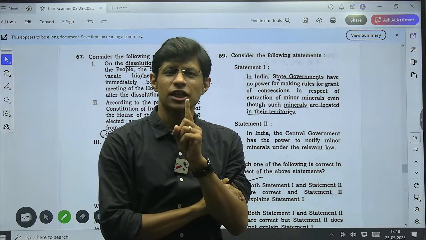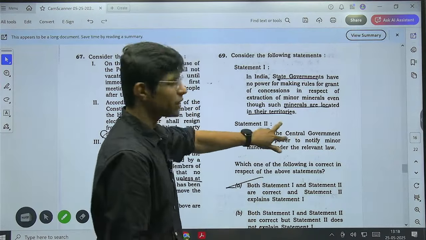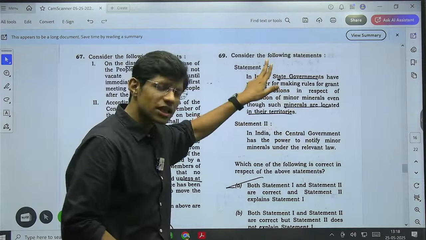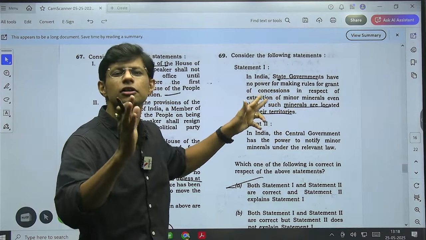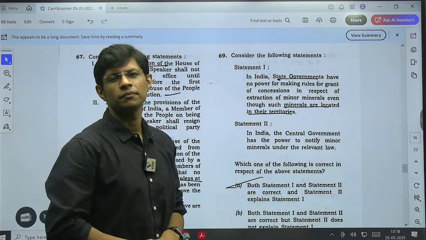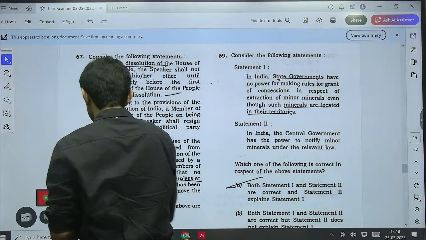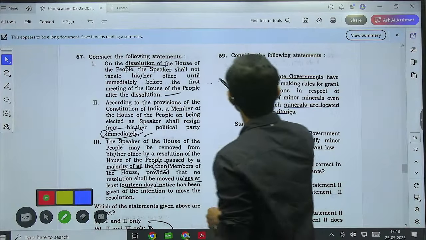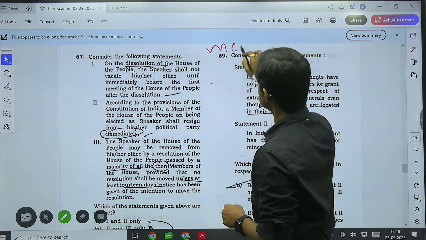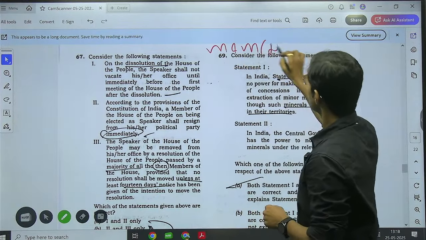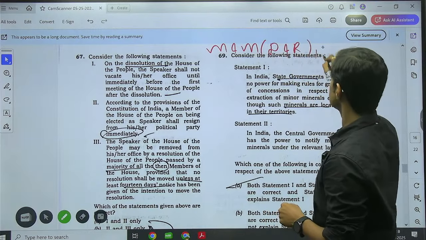This question has been asked because this topic was in the news somewhere 3 to 4 months back. The name of the legislation is Mines and Minerals Development and Regulation Act 1957.